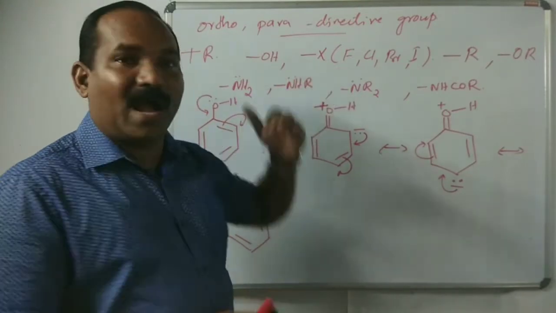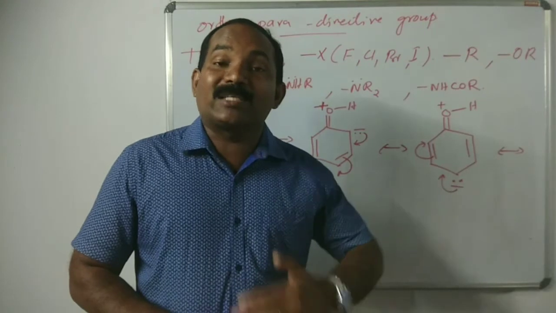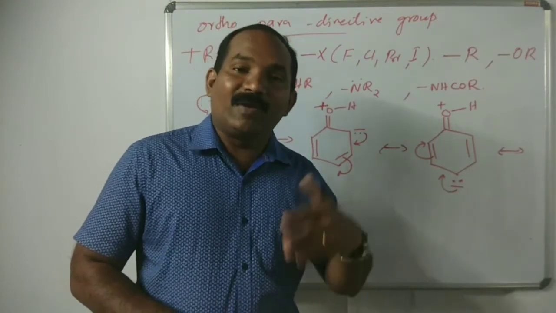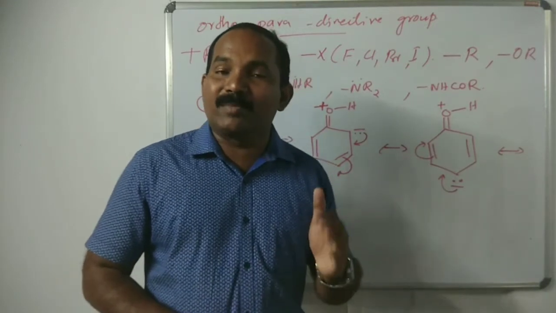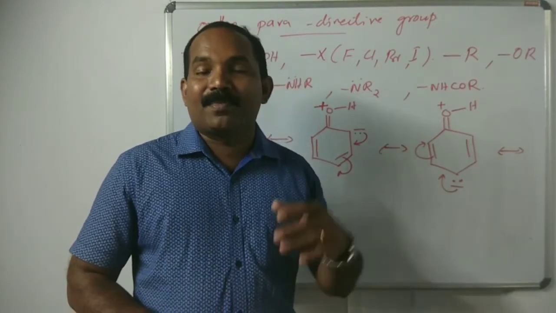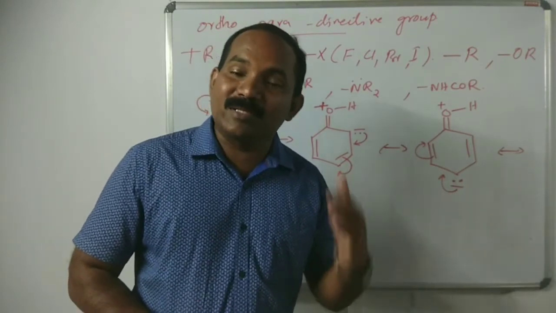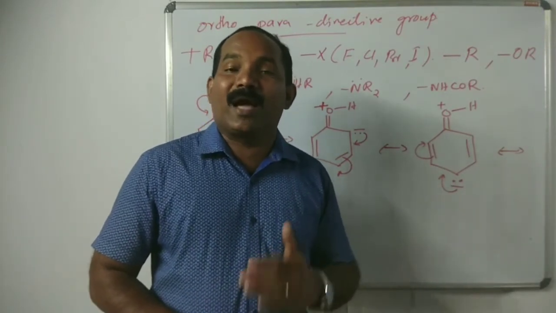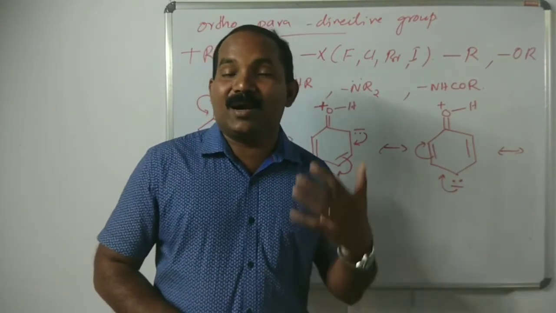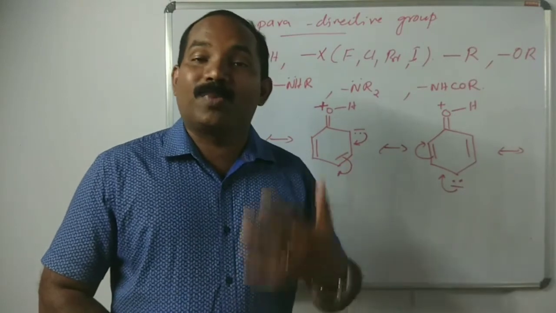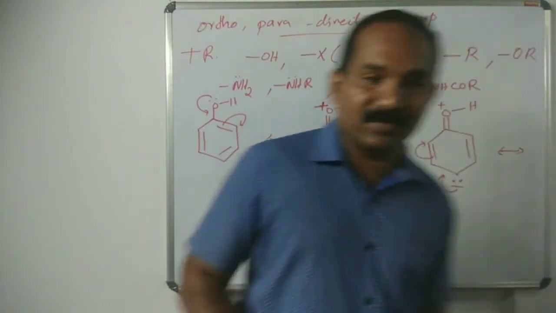So even though halogens are ring deactivating groups, the resonance effect decides the ortho-para direction. Actually, minus I groups are meta-directive. However, halogen has a positive resonance effect, that's why halogens are ortho-para directive groups.